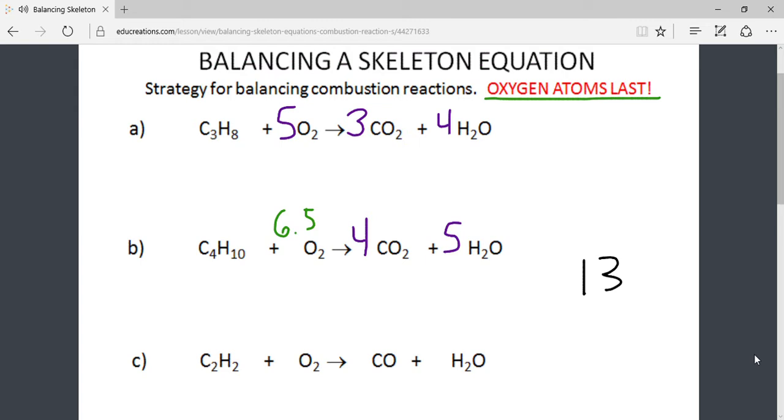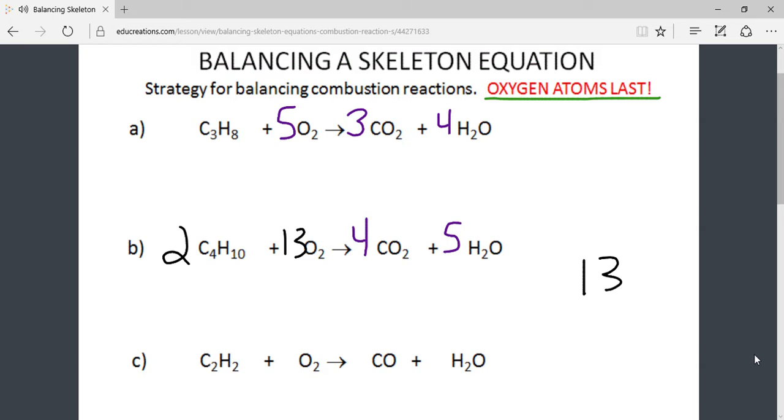A simple strategy to eliminate the half amount would be to multiply each of the coefficients by 2. In doing so, the 1 or assumed 1 in front of C4H10 becomes 2. The 6.5 in front of O2 becomes 13.